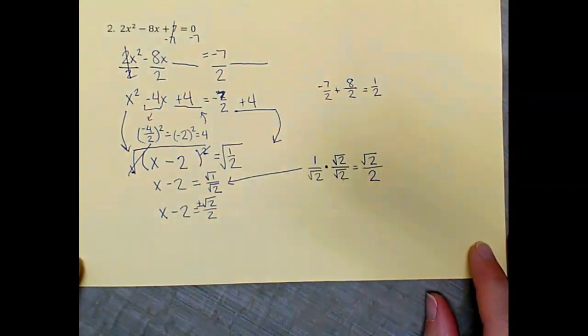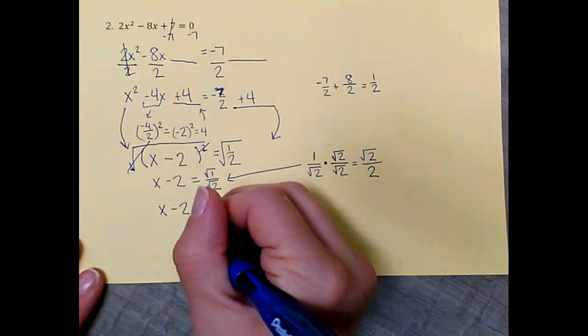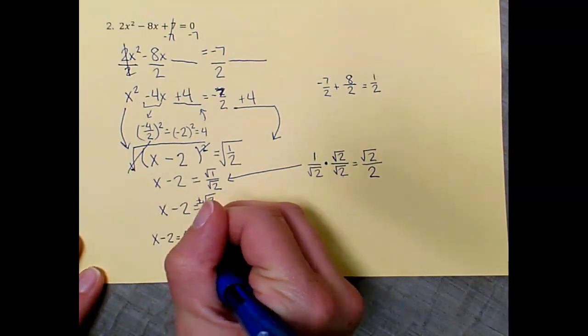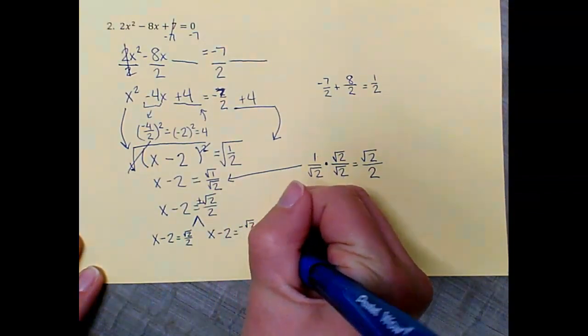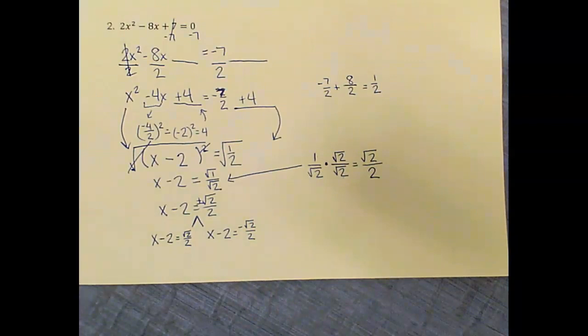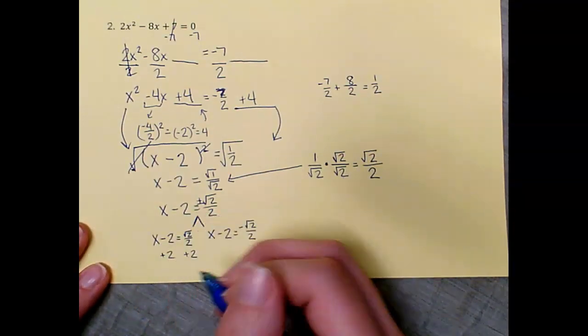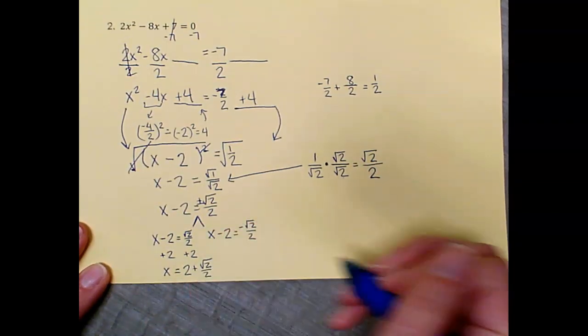But it's the positive and negative answer. Remember, when you square root, you get the positive and negative answer. So this gives me two different answers. It gives me one of them by x minus 2 equals square root of 2 over 2, and one of them by x minus 2 equals negative square root of 2 over 2. So, if I add 2, I get x equals 2 plus square root of 2 over 2.